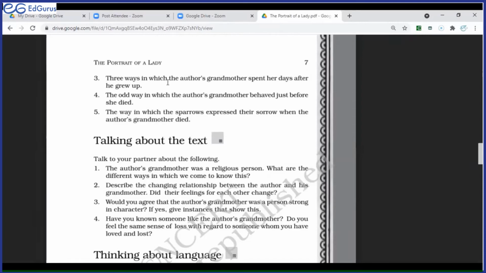Right? The next question is: mention the odd way in which the author's grandmother behaved just before she died. Now, just before her death, this is something very moving. Just before her death, the author's grandmother refused to talk to the family.